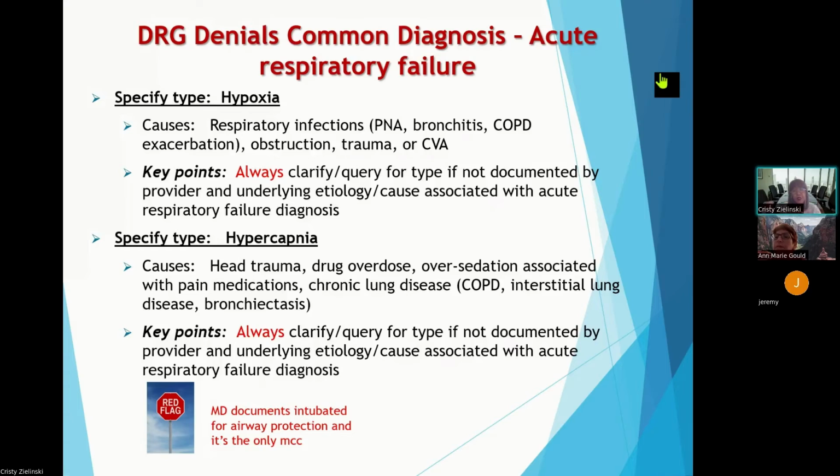But if the patient has dementia with those behavior changes, but there's no clinical evidence that would cause encephalopathy, like dehydration or electrolyte imbalances, then I wouldn't query for encephalopathy. There should be a cause for that encephalopathy because it should only be transient.